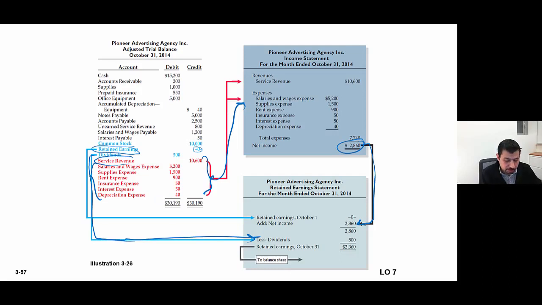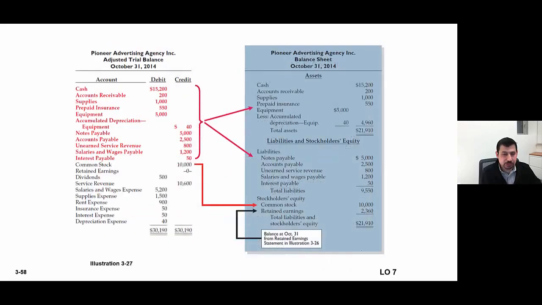But basically we get the retained earnings beginning balance from the adjusted trial balance, we get the dividends from the adjusted trial balance, and we get the net income from the income statement here. Once we calculate the ending balance of retained earnings, we use this to put it on the balance sheet for the retained earnings under stockholders' equity.